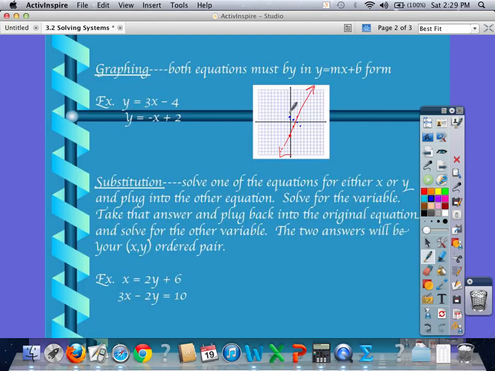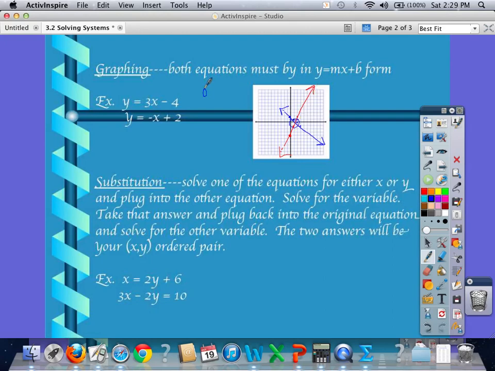Alright, so I'm going to graph my line. It's a negative line, so make sure that you're doing this correctly. This blue line is a negative slope, this red one is a positive. Alright, so the intersection then would be this intersection right here.